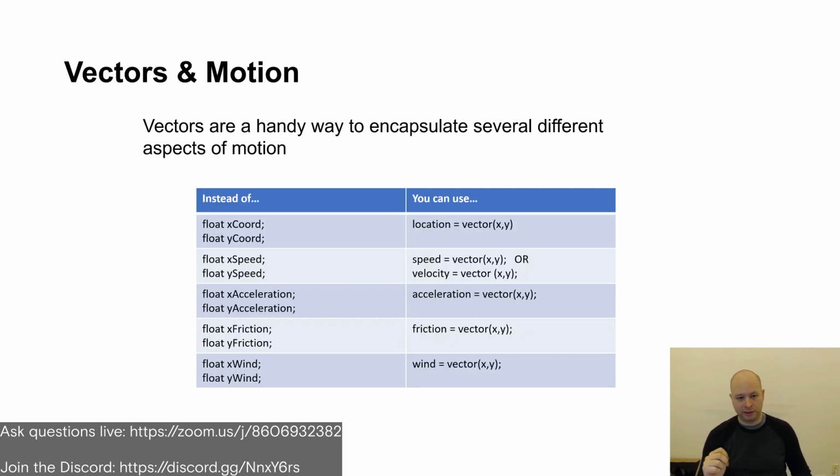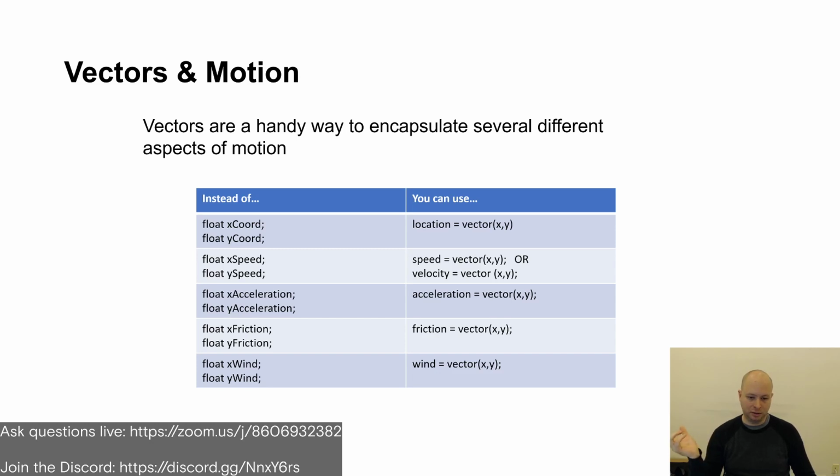So vectors are quite useful to encapsulate motion and information that you want to have in your application. For example, our x coordinate could be replaced with a vector.